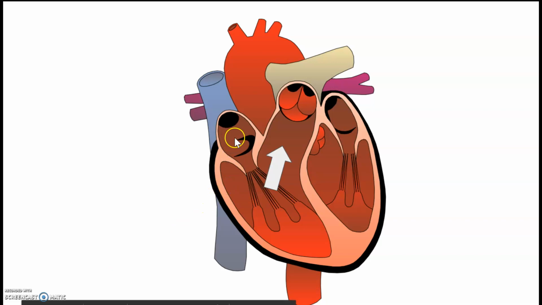Now we've got some blood past the right atrium, down into the right ventricle, and in order to get there, it had to pass the tricuspid valve. Remember, the atria are relatively small on both sides because their job is really just to pump the blood down into the corresponding ventricle. So the right atrium goes down to the right ventricle, and the left atrium goes down to the left ventricle.